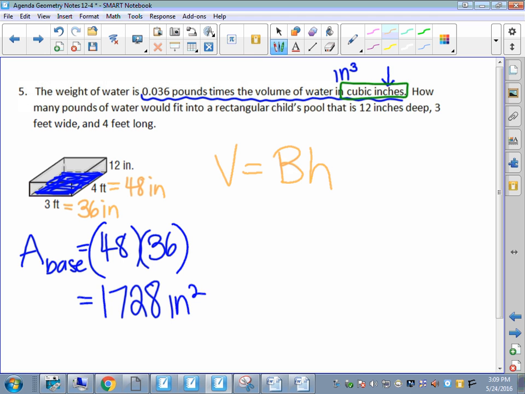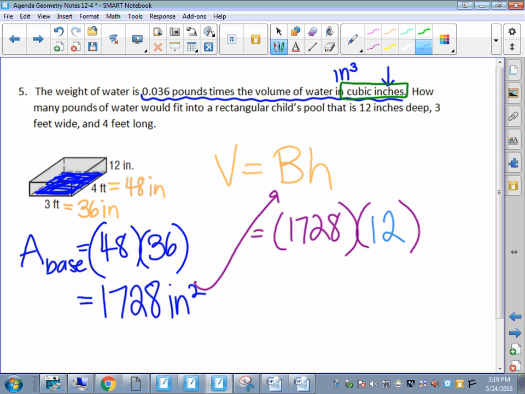which will be equal to, gosh, 1728 square inches. Well, now I'm going to put that 1728 square inches into here. And what is the height of that child's pool? 12 inches. Sometimes people with prisms skip over the area of the base times the height, and they just do length times width times height, which is actually the same thing because length times width is the area of the base.